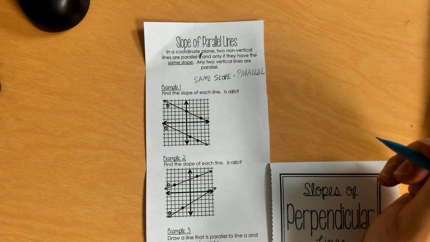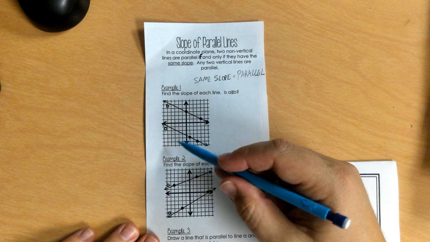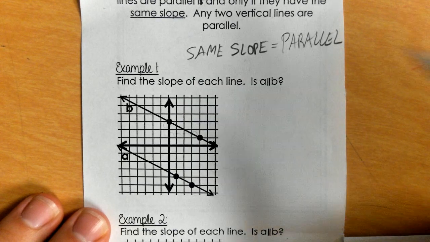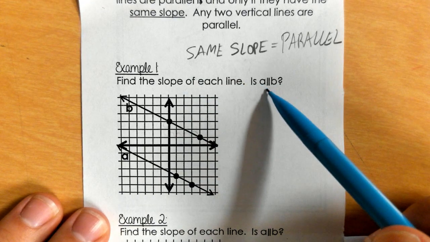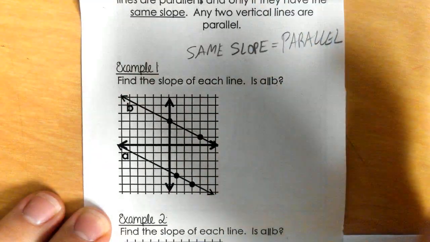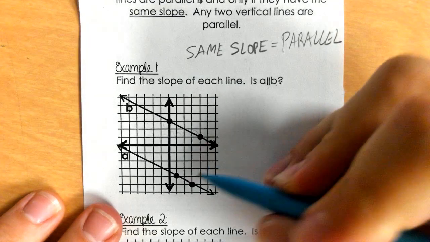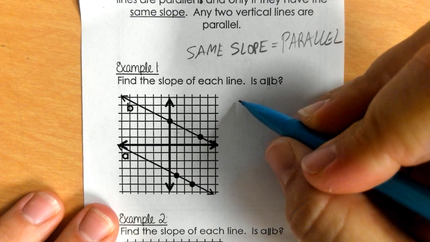So when we look at two lines, we just have to see what slope they have, and then that'll tell us if it's parallel. So for example 1, find the slope. Is A parallel to B?